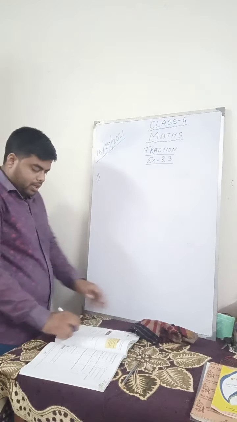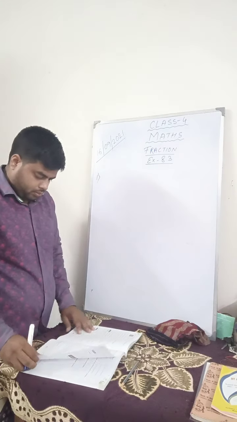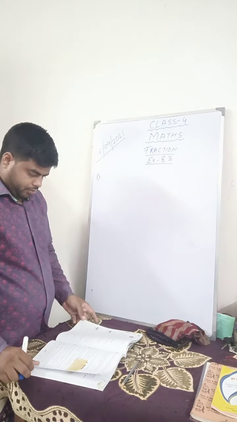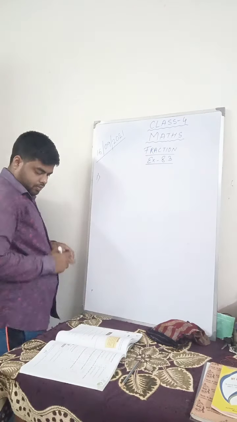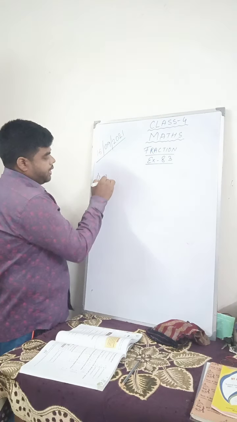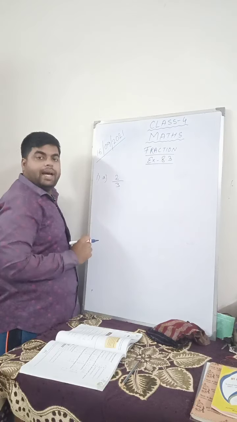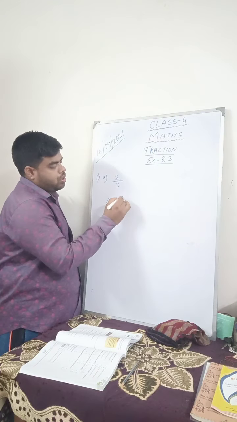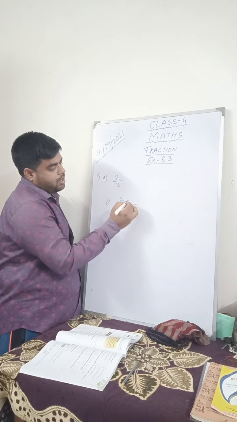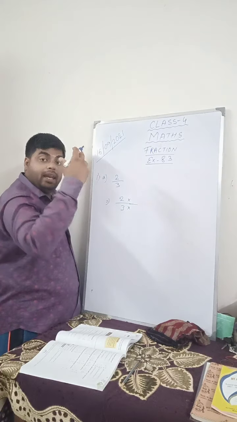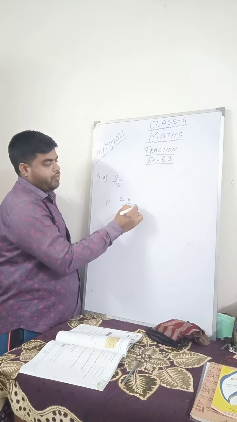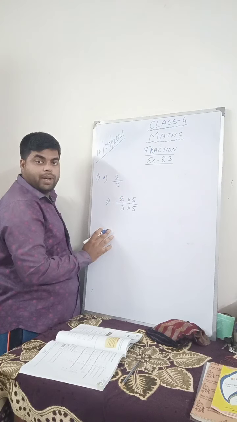Suppose question number 1a, 2 by 3. This is the question. Now you have to make an equivalent fraction. So 2 by 3 multiplied by any number. Let us take 5, you have to multiply by 5.